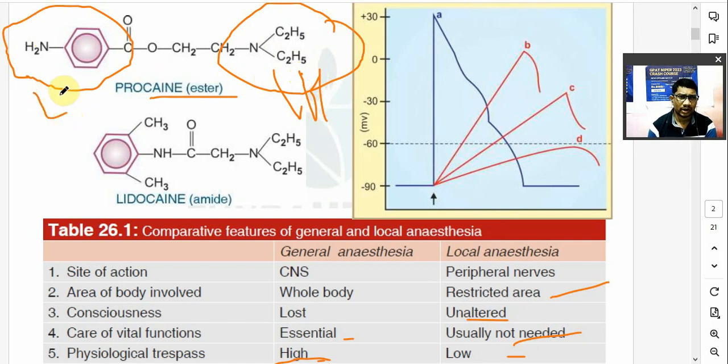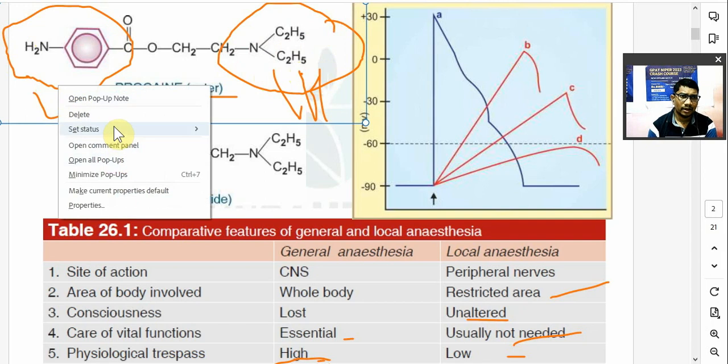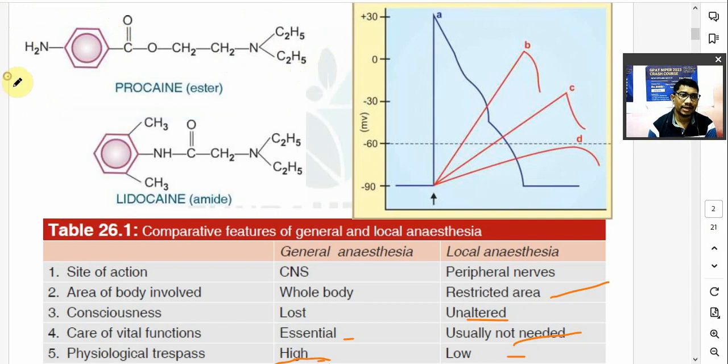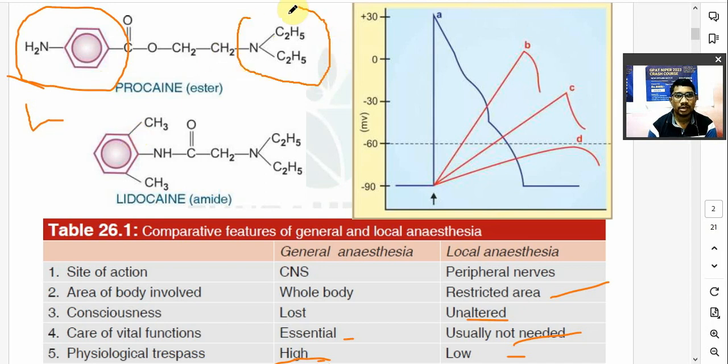So chemically you can say local anesthetics are amphoteric in nature. This part of the local anesthetic drug is responsible for the lipid solubility, and this part is responsible for the water solubility.